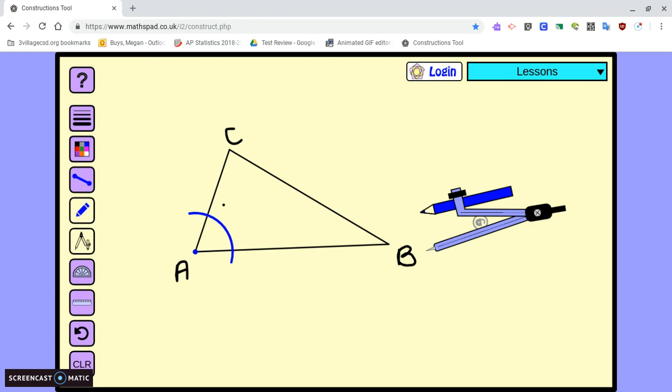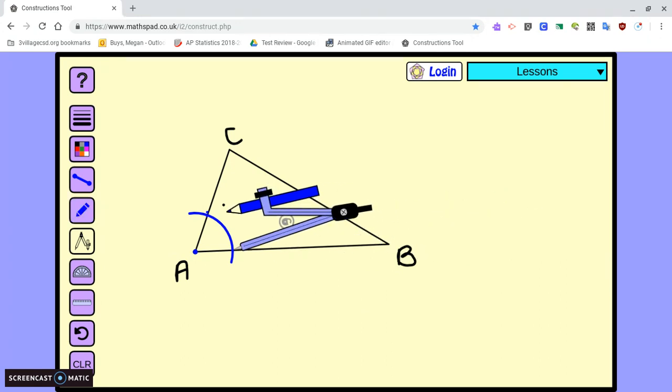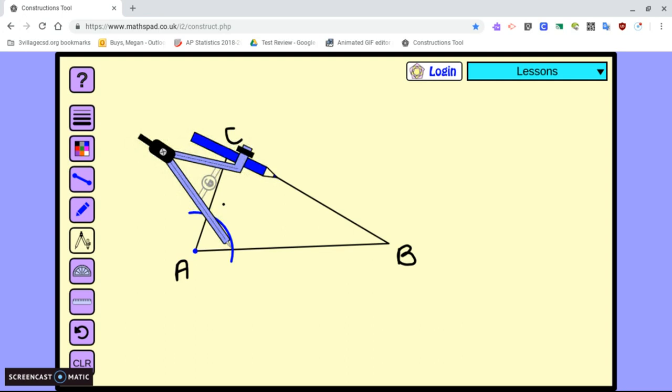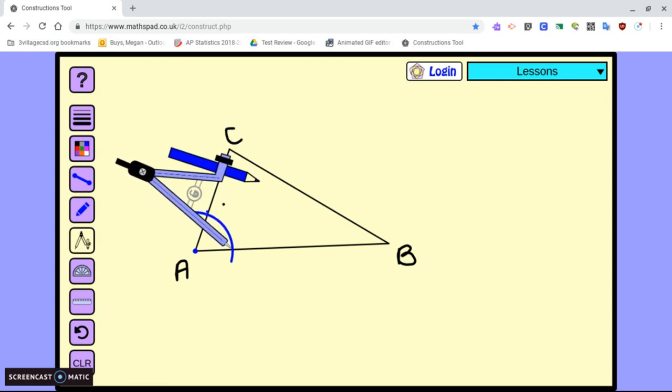So we have that first intersection. We're going to go back to either intersection now. And if you want to change the length, you can. You don't have to if you are comfortable with the length that we have right now.